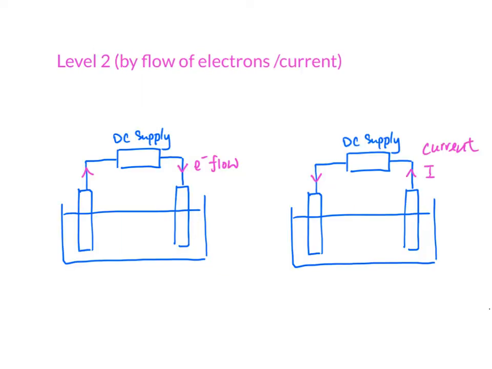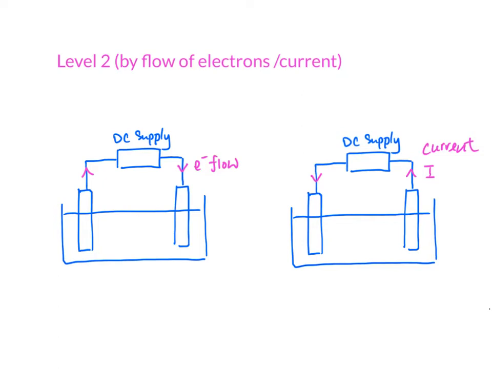Some of them will be level 2, by flow of electrons and current. You can see that right here. They won't tell you the polarity of the battery. They simply say DC supply, but they will give you another piece of information, which is the electron flow direction or current flow direction. So you have to pay attention to this one. It's pretty simple.